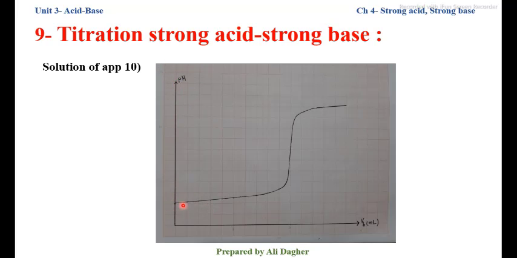We see that the pH increases slowly first, then increases rapidly, and the curve forms a jump of pH, then the pH increases slowly again. Using this graph, we will see how to determine the equivalence point in the next video. This is the end of the first part, procedure of titration.